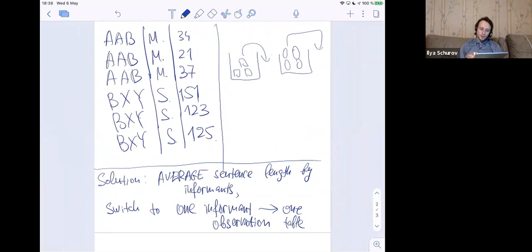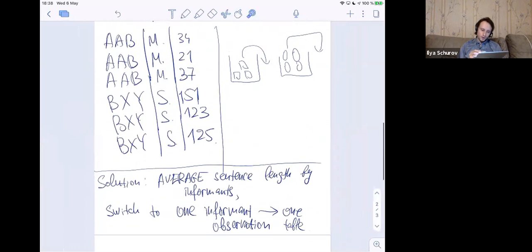Why not average by cities? Actually, if I find the average by cities, then I will get just two numbers. But if I want to understand whether we see any statistically significant difference between these two numbers, I need some information about the variance of these numbers. So I have to understand how citizens differ from each other.